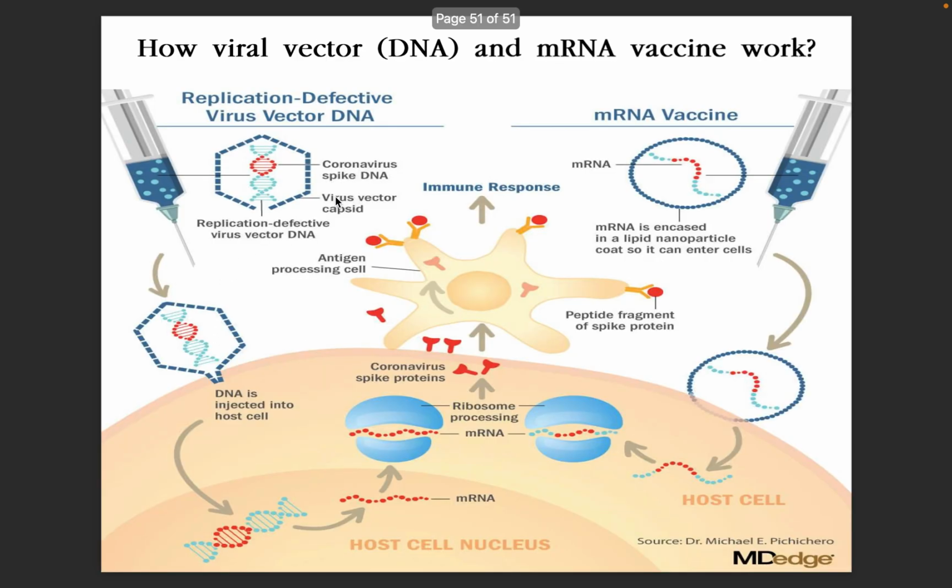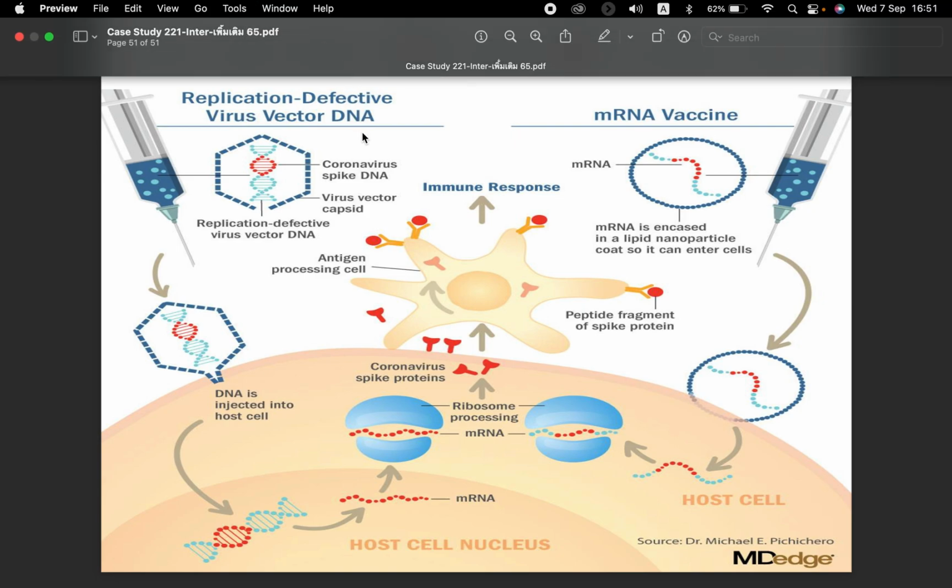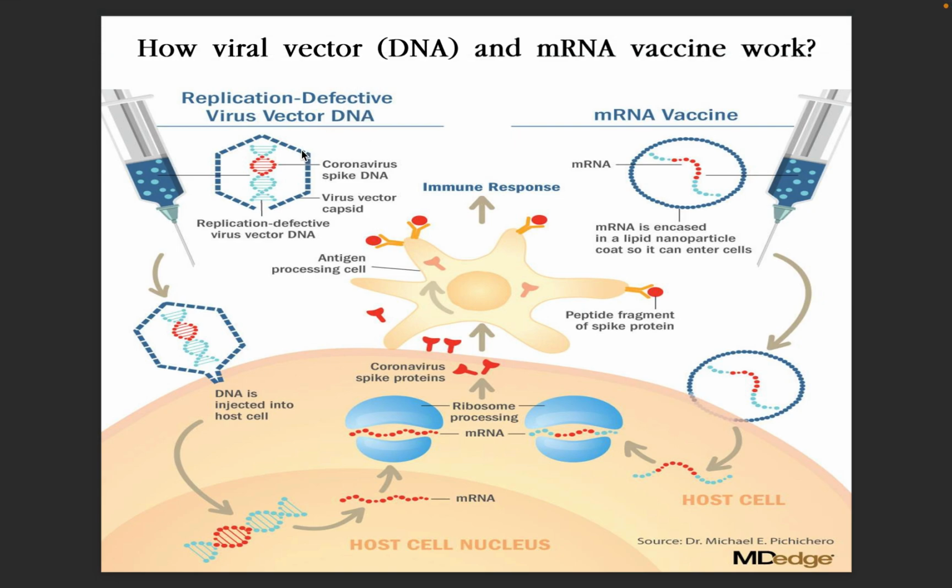In the case of viral vector or DNA vaccines, it is designed using a non-pathogenic viral particle which must be genetically engineered to insert the SARS-CoV-2 genes into the vector genome, and let the engineered virus do the job by infecting the host cells.